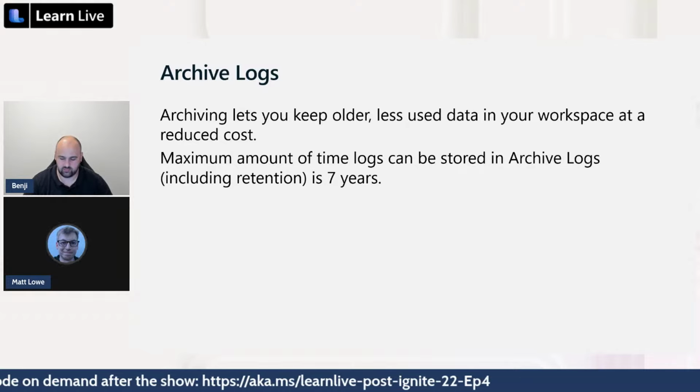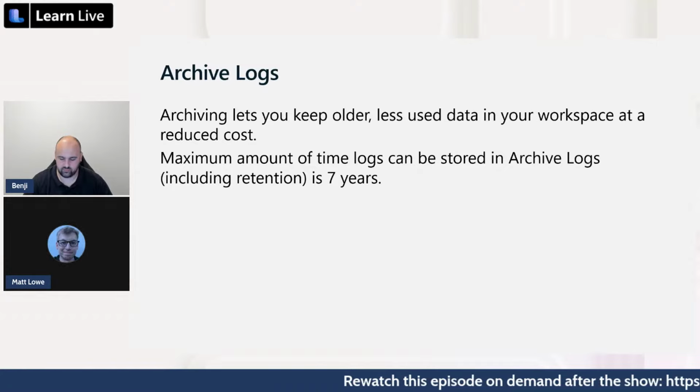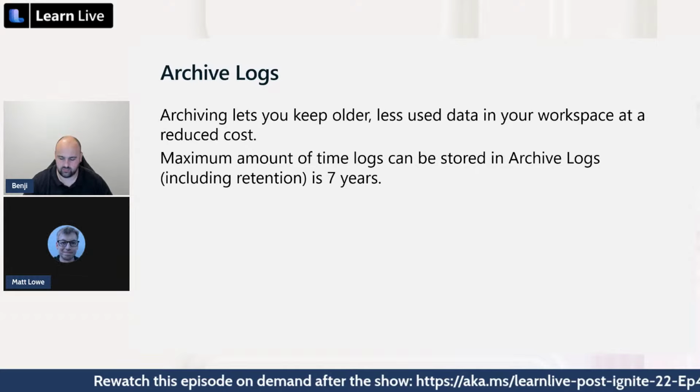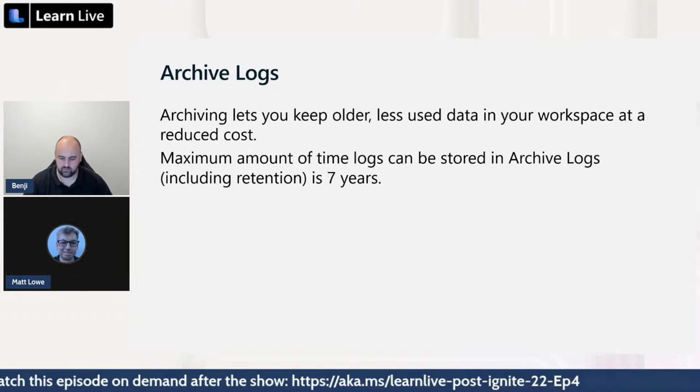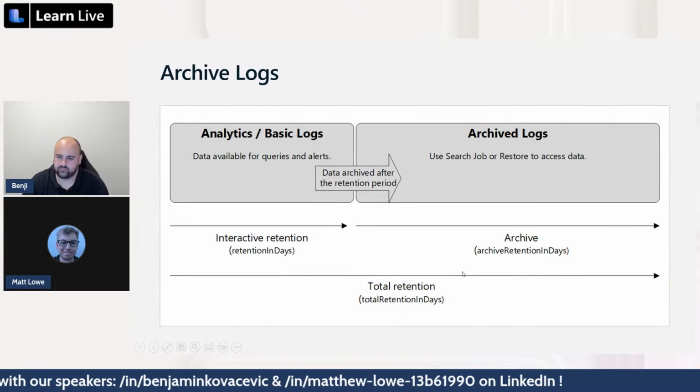So there is a little bit of user input in this case to configure which tables should be archived. We do not enable archive on all tables by default. So you get to pick and choose which tables should be archived and for how long. Right now, the maximum is up to 7 years. As we move along with the feature, it might expand to say 10 years or more.